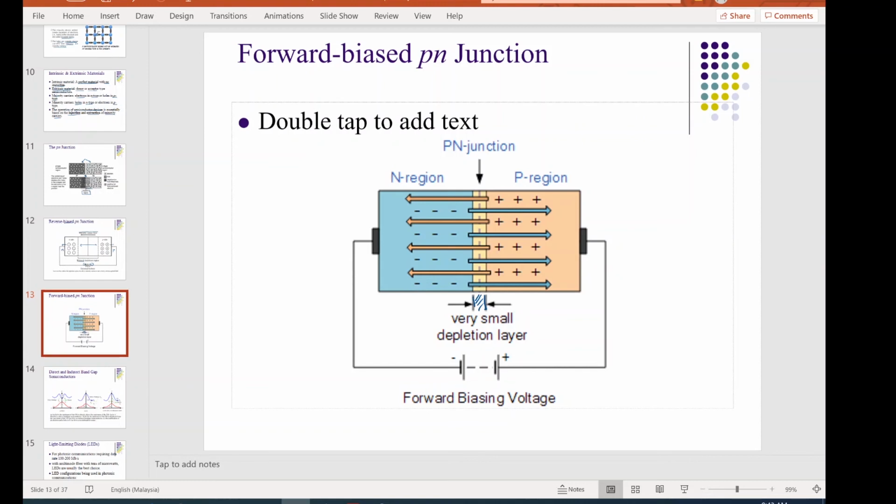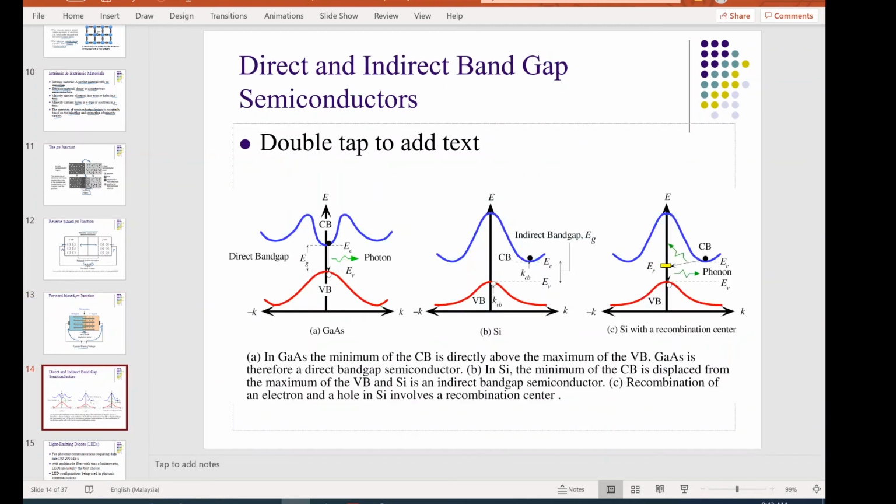With this small layer, the majority carriers can flow across the junction. That happens when we do a forward bias, meaning negative attaches to the n-type and positive attaches to the p-type. And this is basically a simple diode operation.